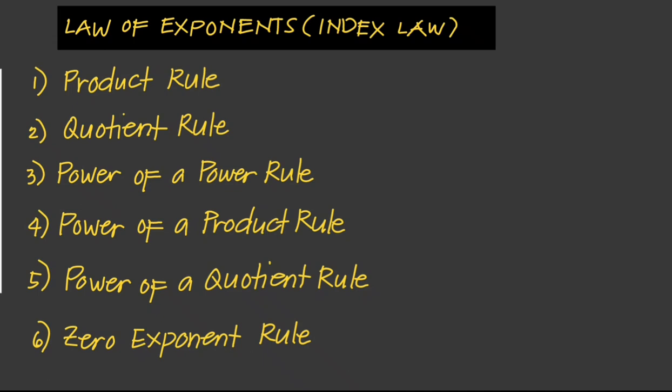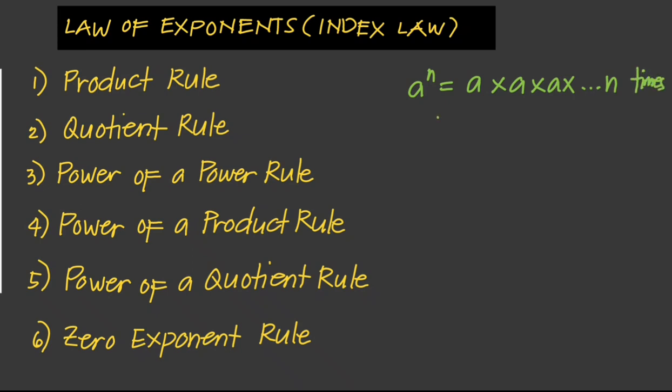Let's say for an integer a, the product of a with itself n times is given as a to the n equals a times a times a, n times.